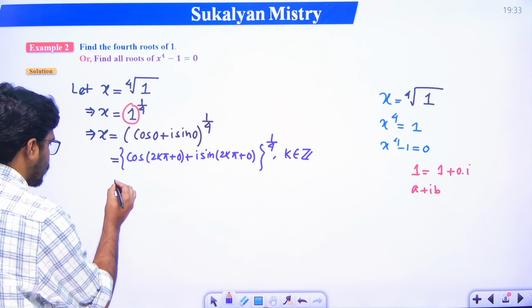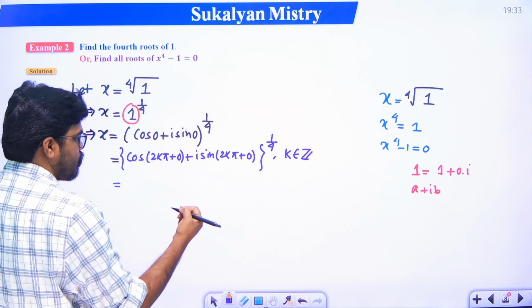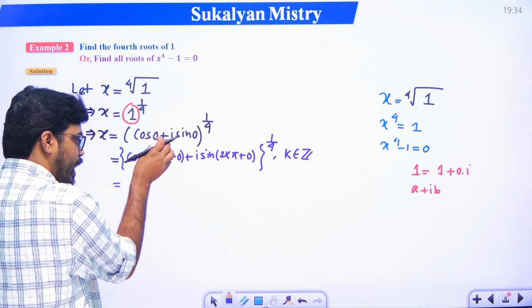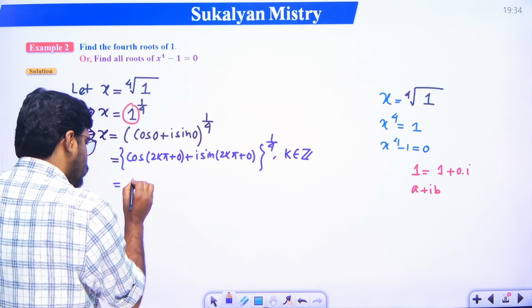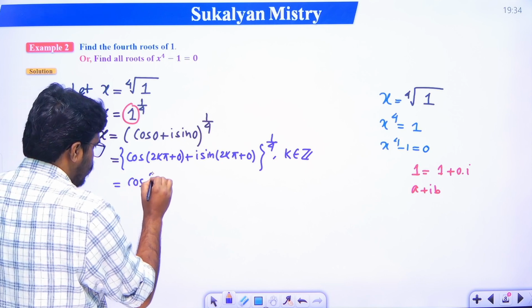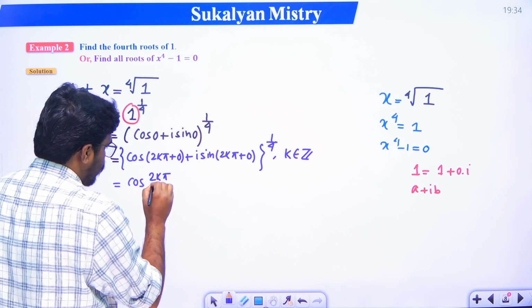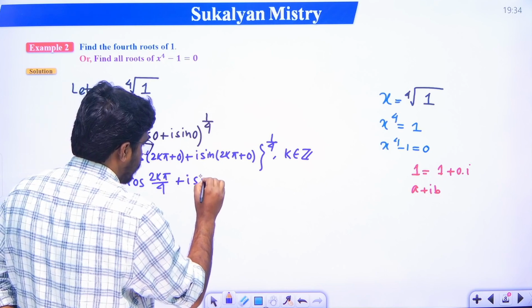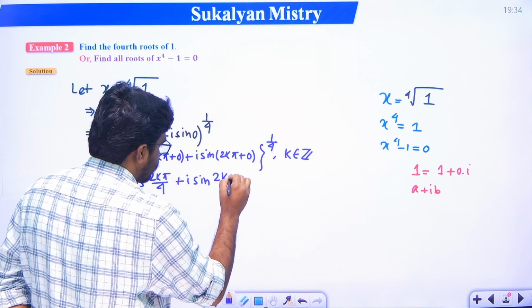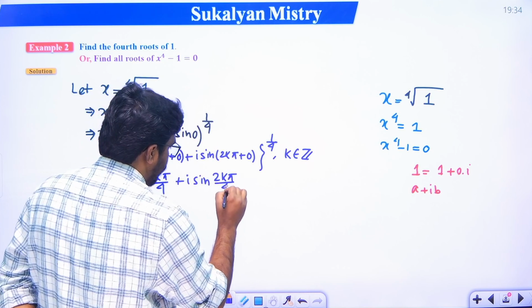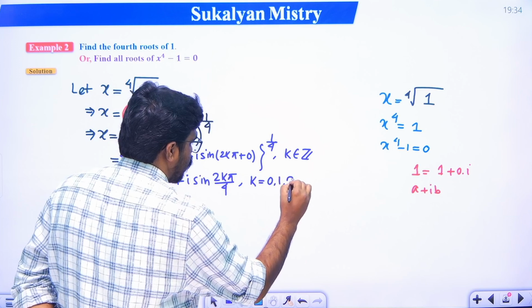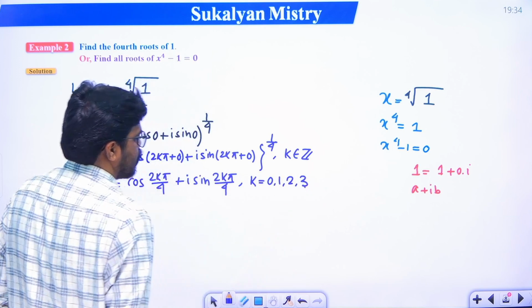Multiply 1 by 4 with the angle. So that is cos (2k pi plus 0) divided by 4 plus i sin 2k pi by 4. What is k? k is equal to 0, 1, 2, 3.